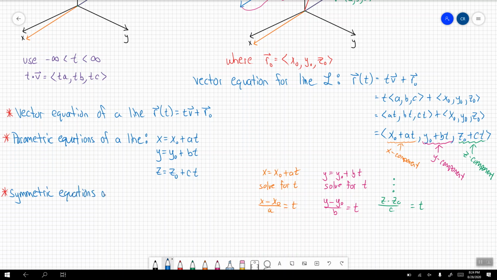So, symmetric equations of a line. These symmetric equations of a line tell us that x minus x naught divided by a is equal to y minus y naught divided by b, which is equal to z minus z naught divided by c.